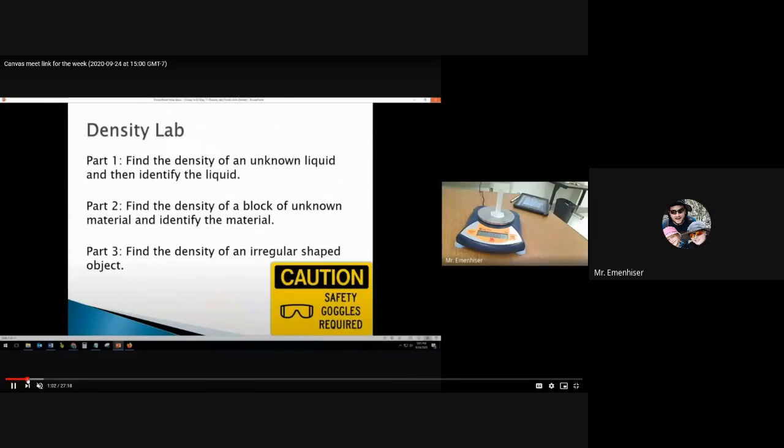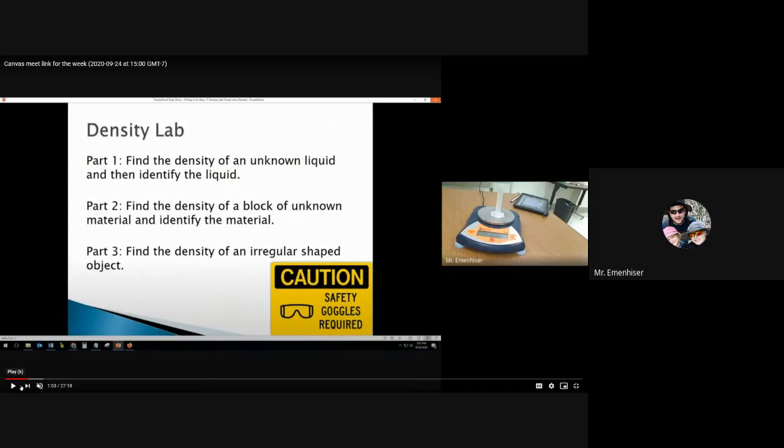Okay, so here's our 3 parts. Find the density of the unknown liquid. So I'm going to talk through that. That's the first part. We're going to have an unknown liquid that we're going to determine the density of, and we're going to identify what the liquid is. So that'll be your task. Part 2, we will be finding the density of a block of unknown material and identifying the material.